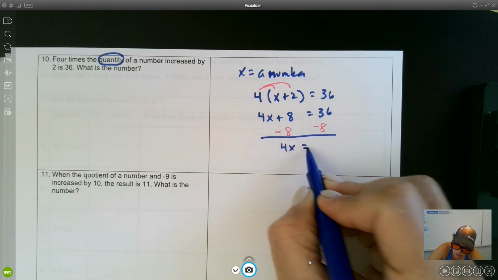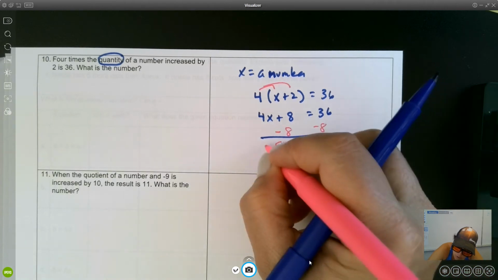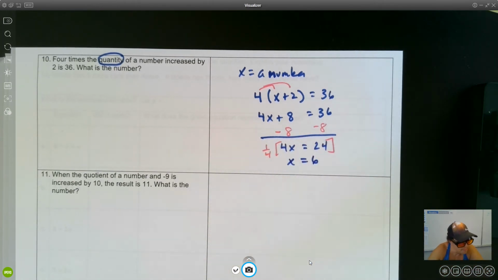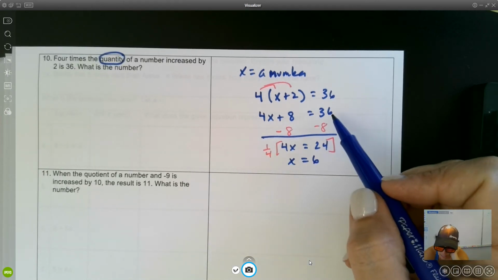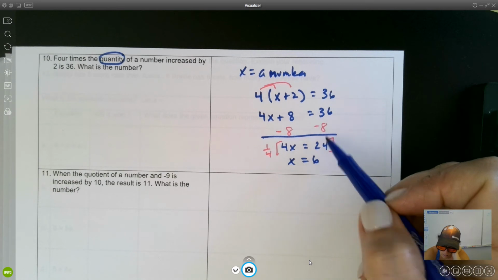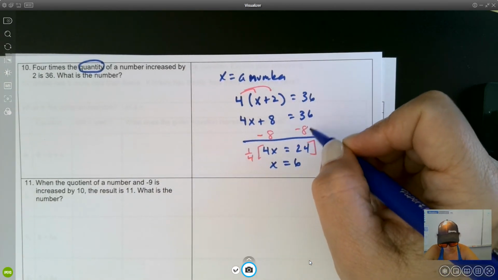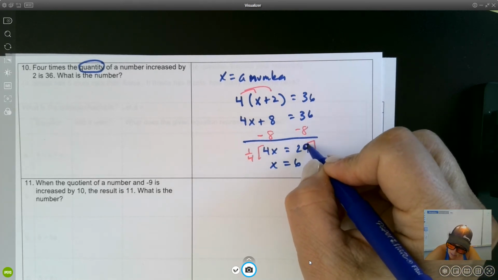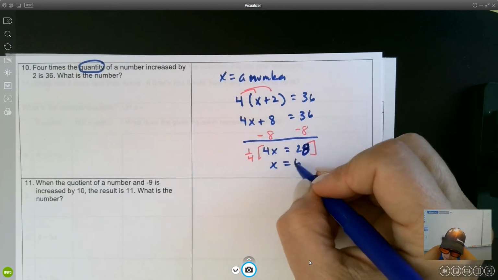So 4x equals 24. We're going to take a fourth and get 6. Okay, hang on, I just messed up. 36 minus 8 is not 24. 36 minus 8 is 28. And then that would be 7.